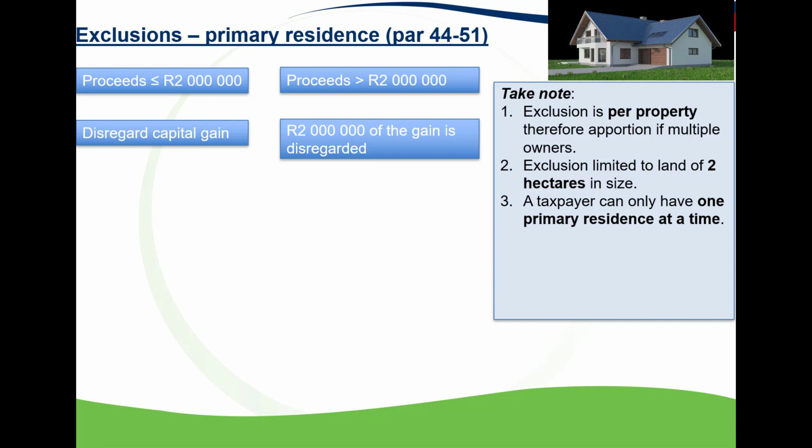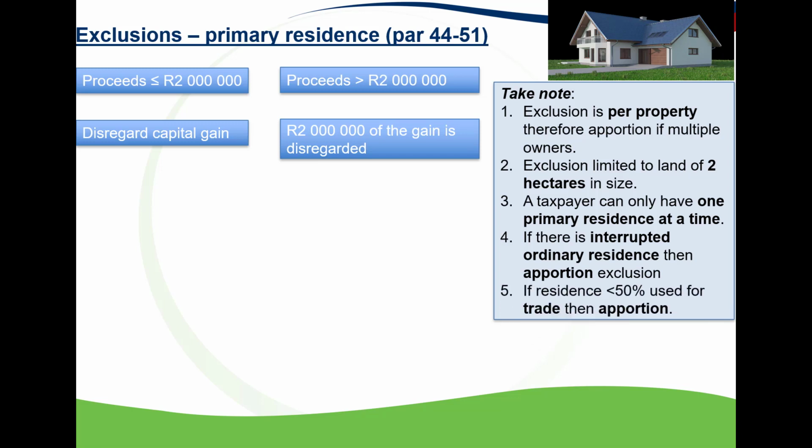Lastly, if a portion of the residence is used for trade purposes, then the exclusion needs to be apportioned, as it only relates to property used for domestic purposes. Refer back to your definition of what a primary residence is. That is why we have this exclusion. So it will only apply to the portion that relates to domestic use.